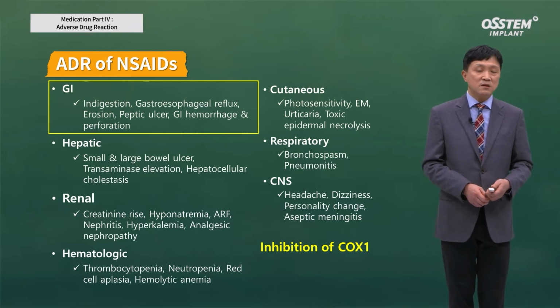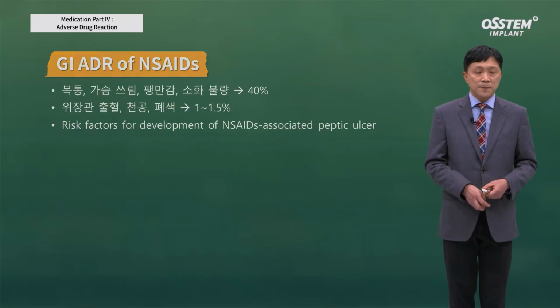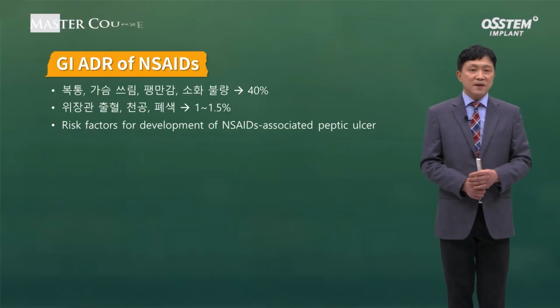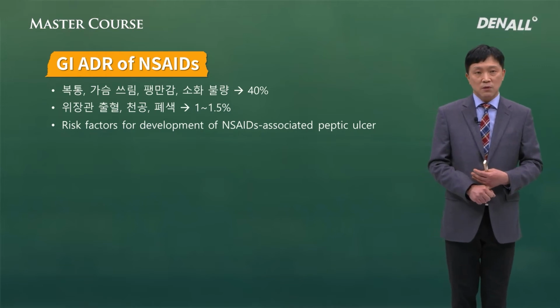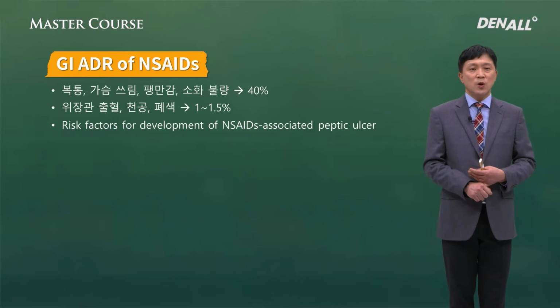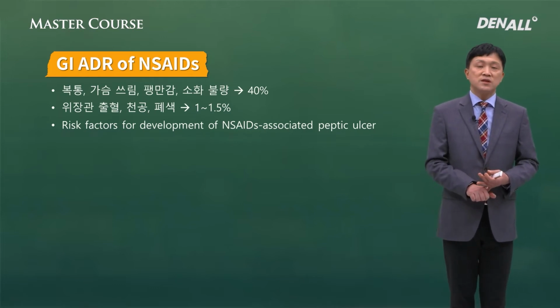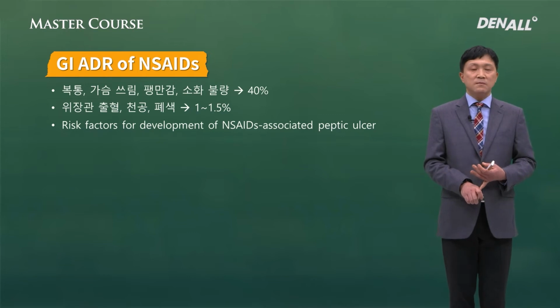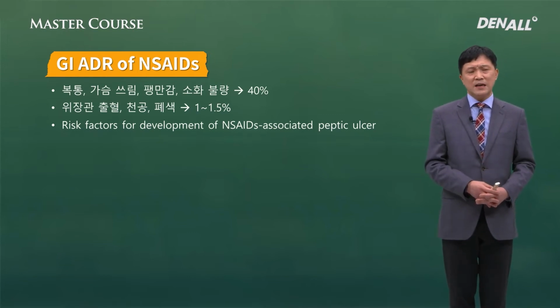These can be critical. The most frequent ADRs of NSAIDs: abdominal pain, heartburn, sense of distension, indigestion, those make up 40%. GI bleeding, perforation, occlusion make up 1 to 1.5%. The rate is low, but when it occurs, the problem can be critical.